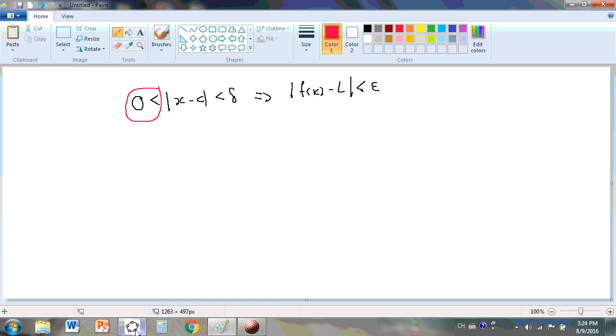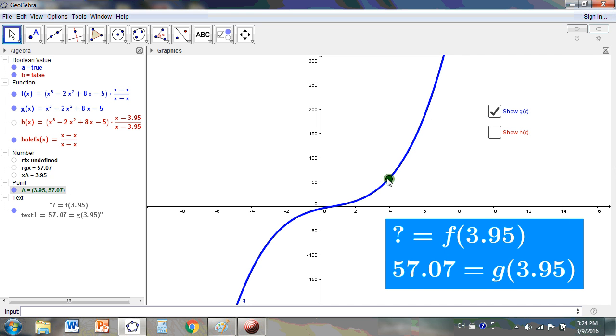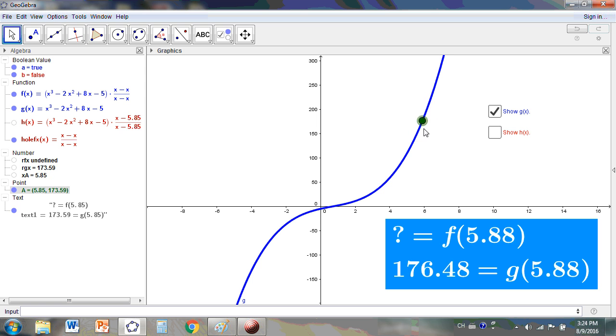Let's see how this works. If we go to our little GeoGebra material, we'll see that this function, which is given by x cubed minus 2x squared plus 8x minus 5, is shown here in the diagram. So that's g of x, right? And we can move this point all along here.